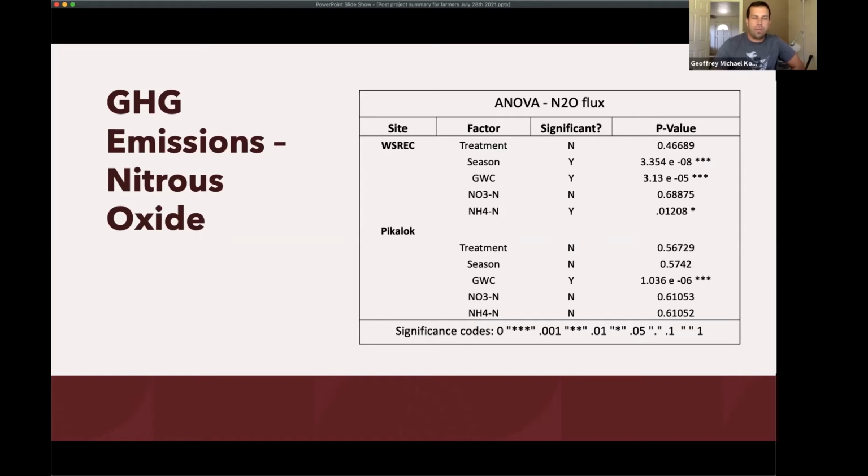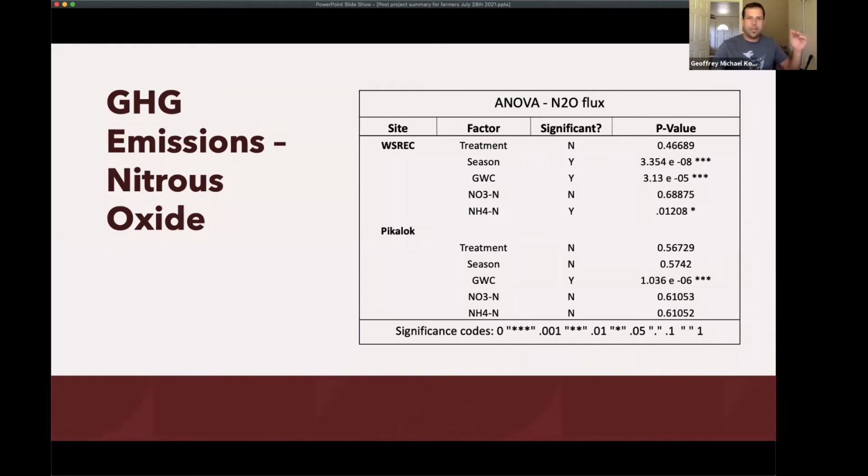When we look at flood irrigated systems compared to subsurface irrigated systems, the subsurface irrigated systems have much less water near the surface, and nitrous oxide production is an anoxic process. Water helps keep oxygen out, or rather prevents it from diffusing in, and so you get these oxygen depleted zones, and that's where you have N2O production.